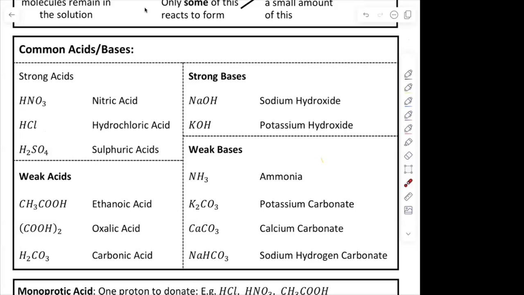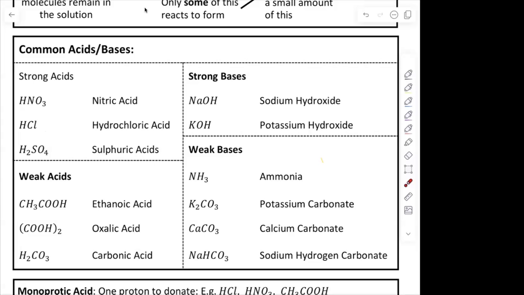Some strong bases are NaOH and KOH. A little cheat sheet I told you last time: if you want to find a strong base, just take a group 1 metal with an OH. So potassium hydroxide, sodium hydroxide, etc. Those will give you strong bases.